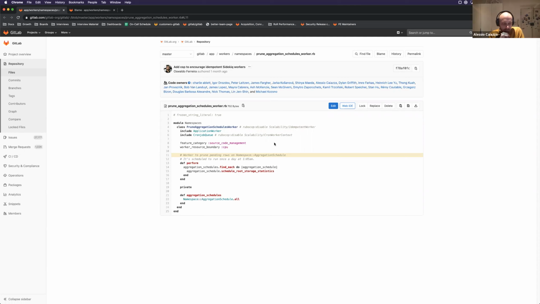Let me try to rethink what we did, because we act outside of transactions for scheduling stuff. One of the reasons why we had to build all those things, there are two main problems. The one is that the query itself is slow, because you act on the root namespace level because you want to aggregate on the paying entity, but statistics are recorded by project and direct namespace, so not at the root level.